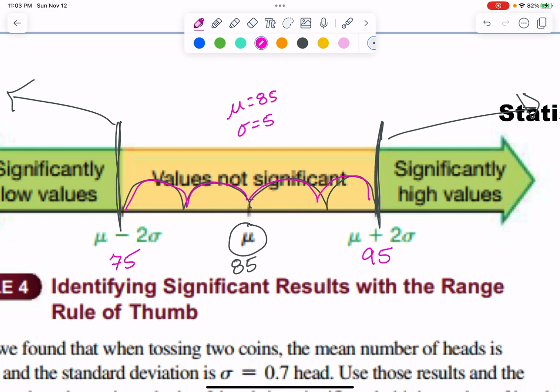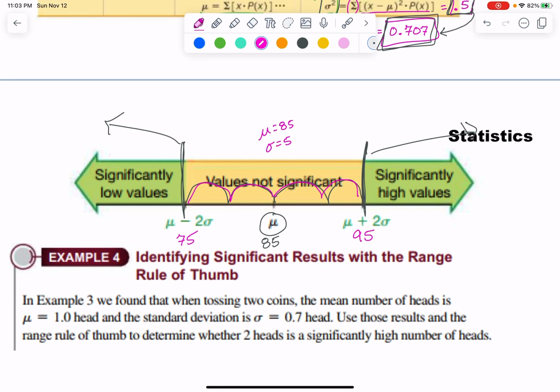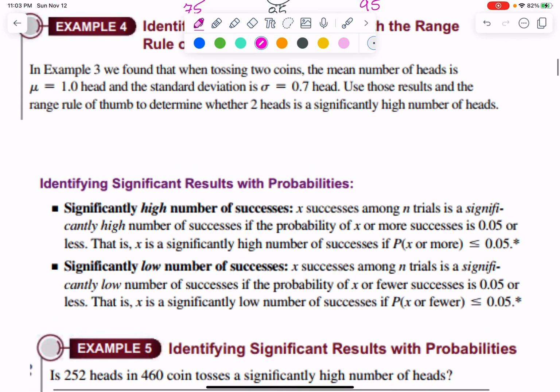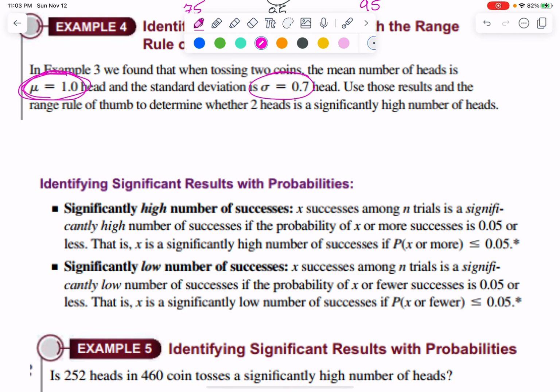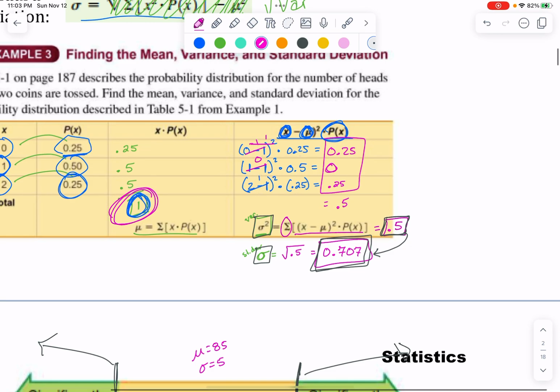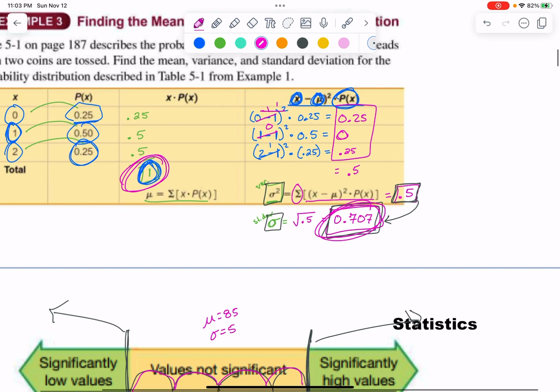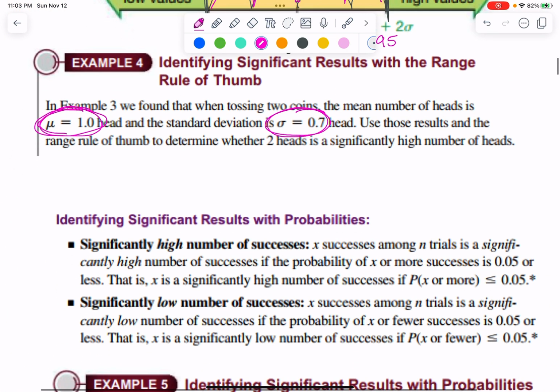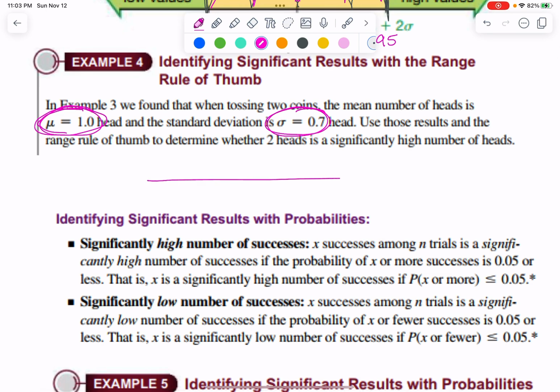High values, low values. All right, now this is going to be a little bit confusing on example 4, but bear with me, okay? So here it said my average was 1. This is what we just calculated from the table. My average was 1, and my standard deviation was 0.7. That's what we just got up here, right? We legit got those results, okay? So let me go ahead and fill out my bar here.